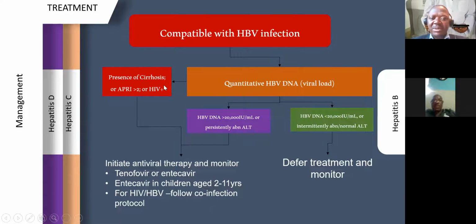Imaging means ultrasound, CT scan, or anything, or you calculate the APRI score and it's greater than 2, or the patient is HIV positive, you can initiate treatment. The same with if the HBV DNA is more than 20,000, or there's abnormal ALT, remember the enzyme I mentioned earlier, those are indications that the patient can be started on treatment.